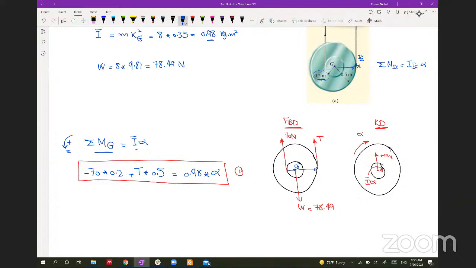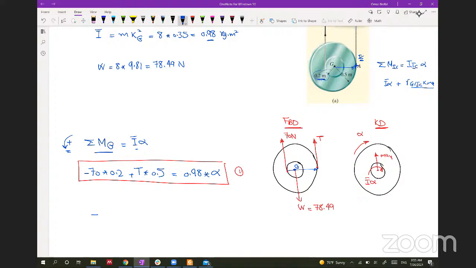So you will do an extra step, which is not needed, and you will have to identify some dimensions. Actually, you can do this by I bar multiplied by alpha plus r_G with respect to the instantaneous center of zero velocity crossed by m a, which will be much longer. So the moment about G here is perfect and much easier.